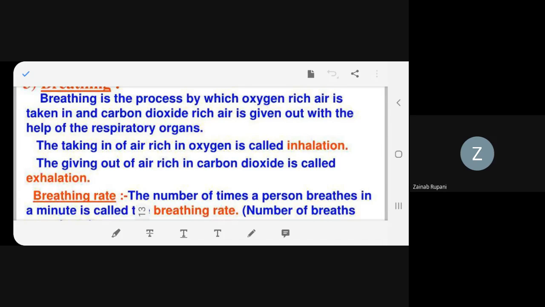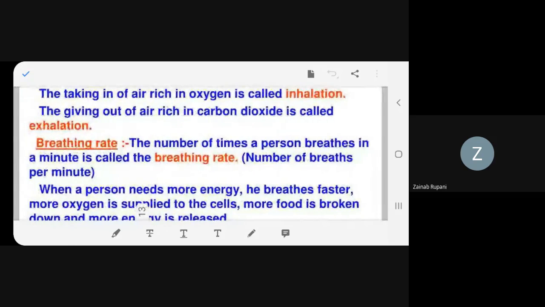So the taking in of oxygen rich air is called inhalation. The giving out of carbon dioxide rich air is called exhalation. Okay, so these are the processes that you have to remember.